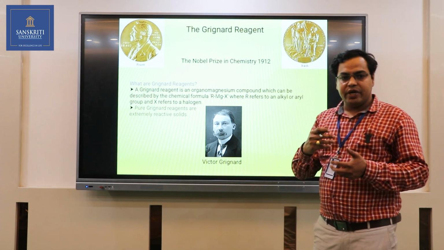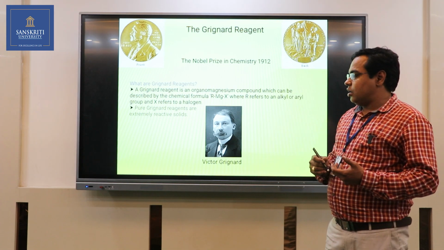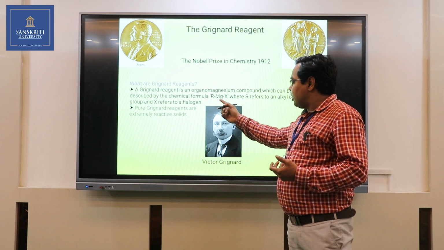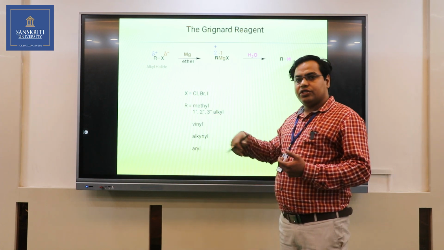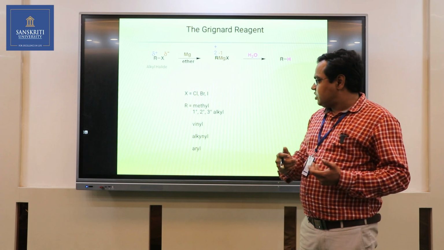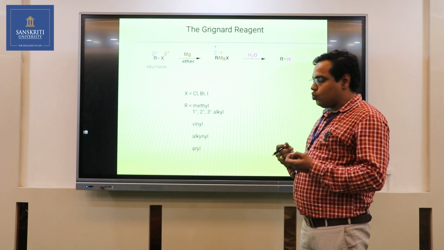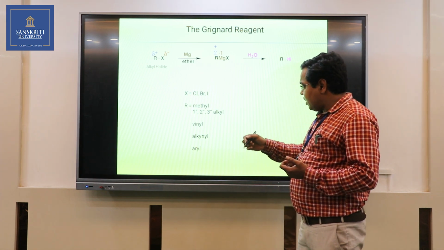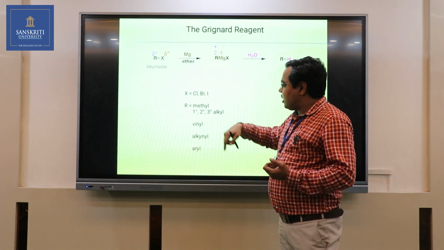It is an organomagnesium halide, RMgX, where R is an alkyl group like C2H5 or CH3, and Mg is a metal which has two electrons in its outer orbital. And X may be Cl, Br, or I.